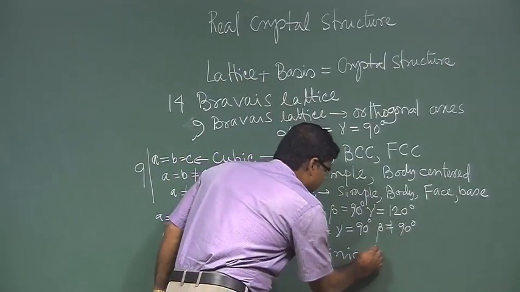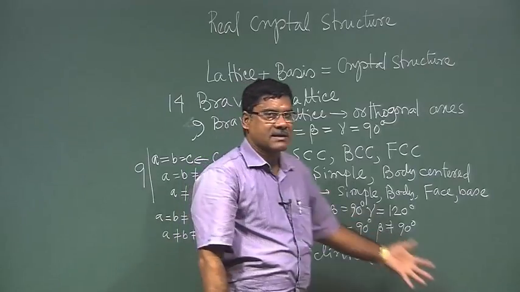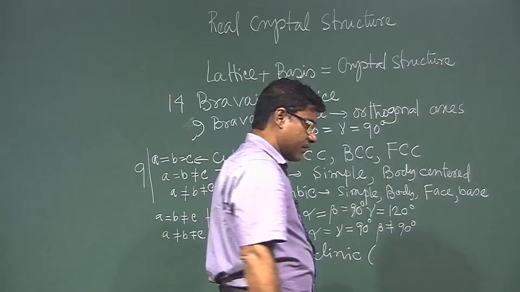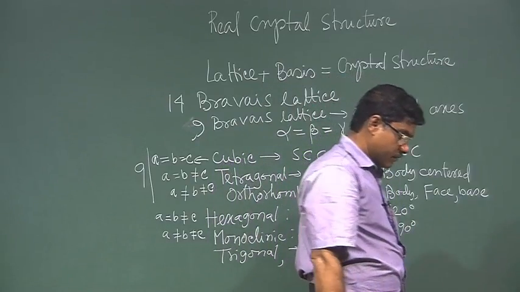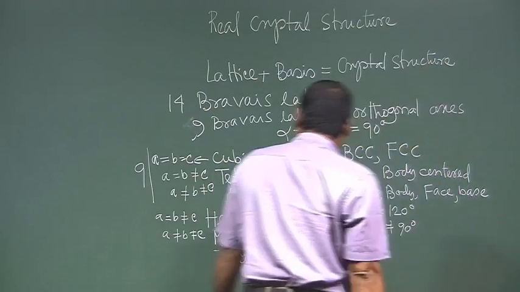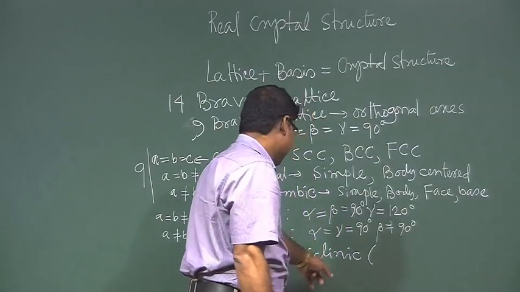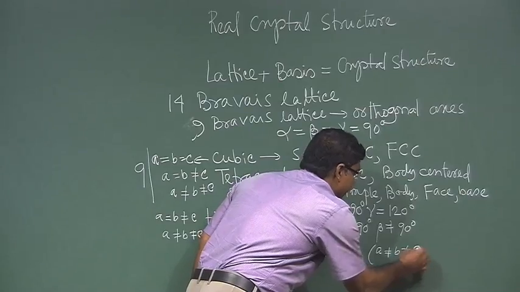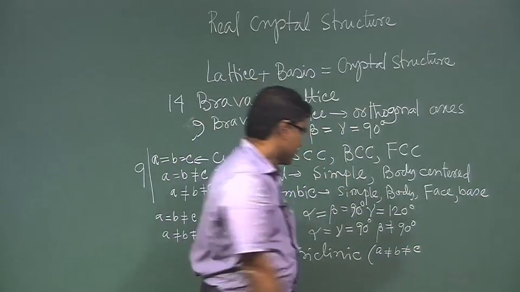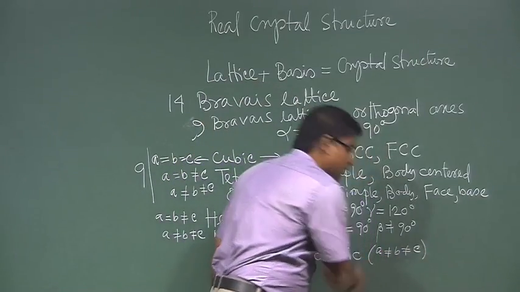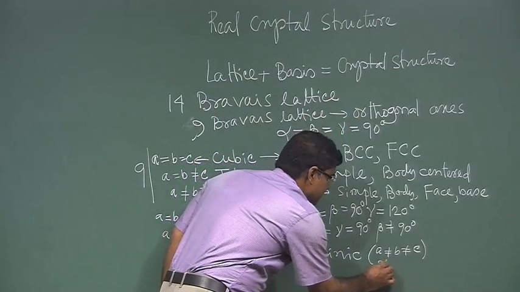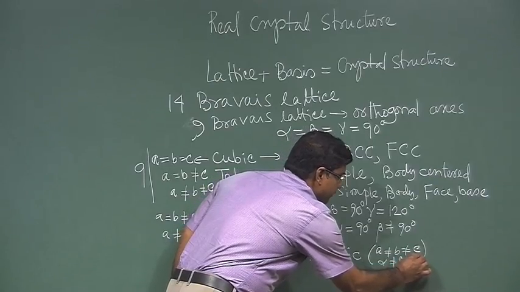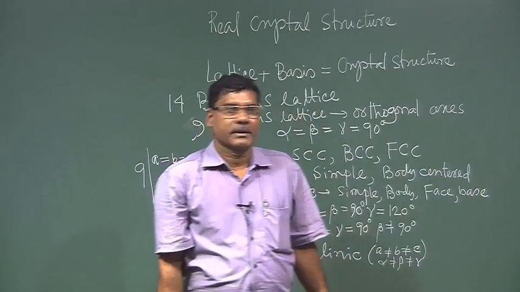In case of triclinic, A is not equal to B is not equal to C, and the angles are different, alpha is not equal to beta is not equal to gamma, okay.